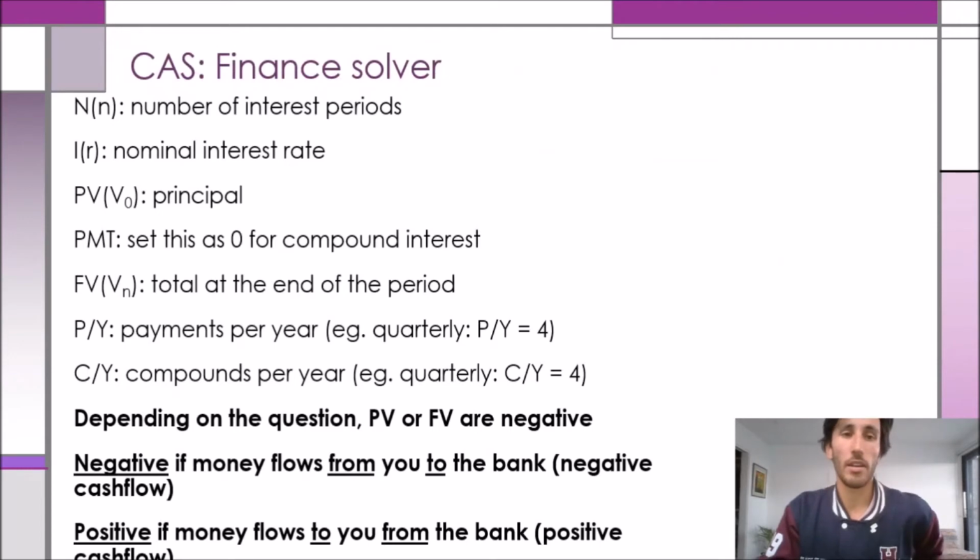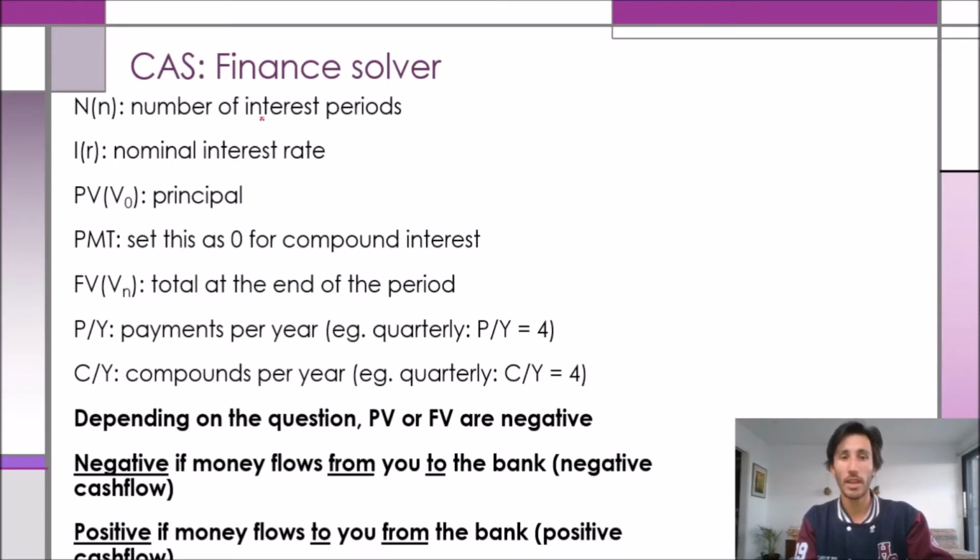All right, now a little bit of a side note. So I've talked to some of you already, and your feedback was from last year that Finance Solver was a bit of a pain in the butt. Here is a slide which defines each of the terms in Finance Solver. So please, if you're not so sure in Finance Solver, have this set of slides or this slide written down somewhere.